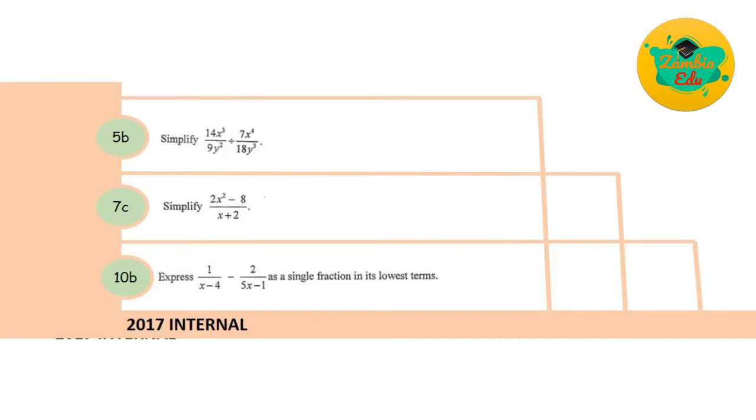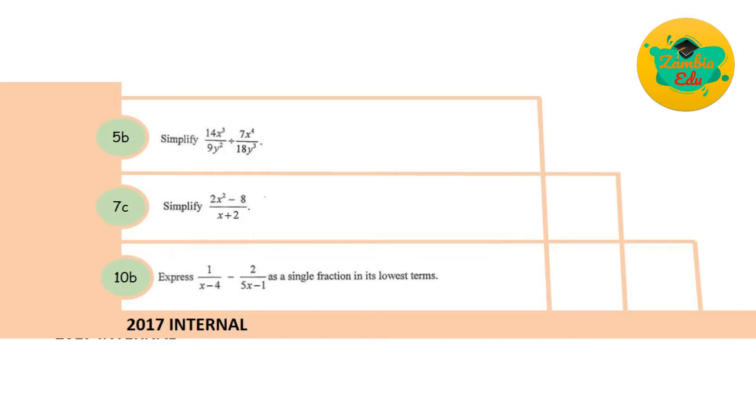2017 Paper 2 Internal, solving the algebra questions. The first question came under question 5b, and the question said simplify 14x cubed over 9y squared divided by 7x to the power 4 over 18y cubed.